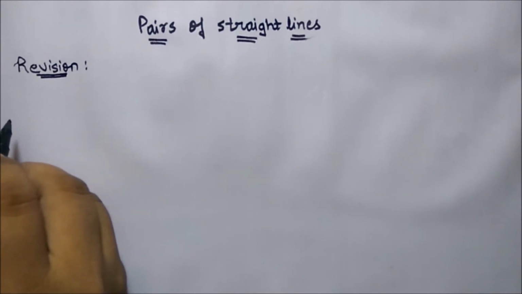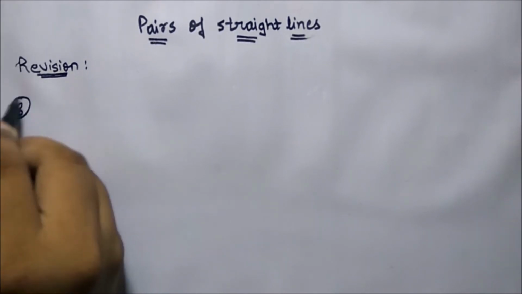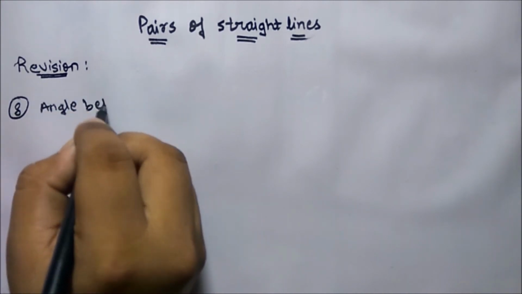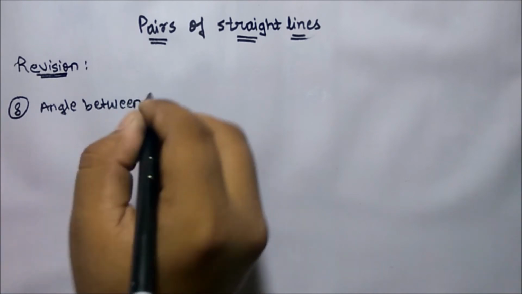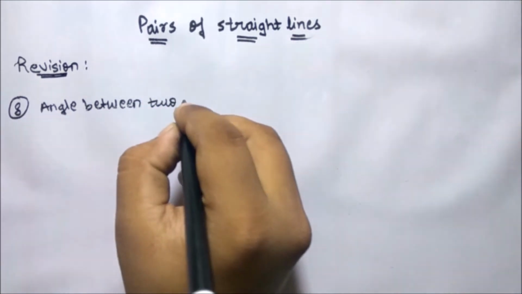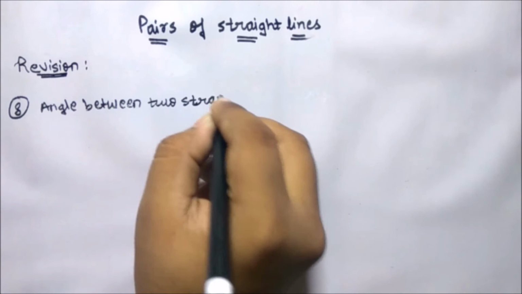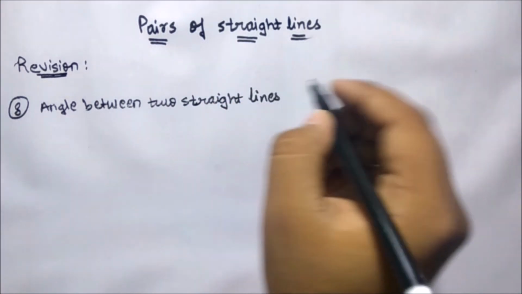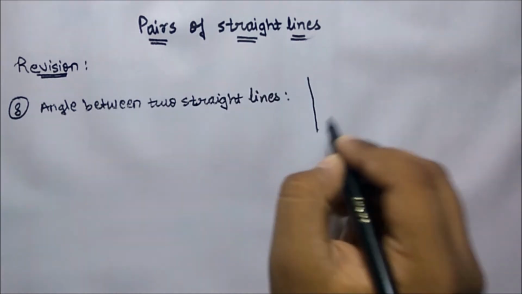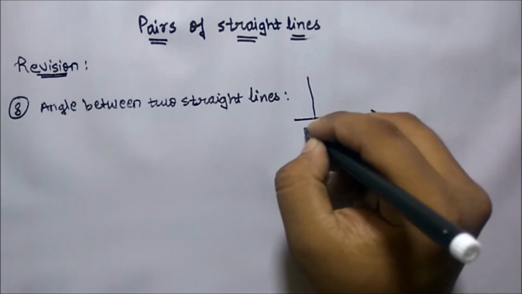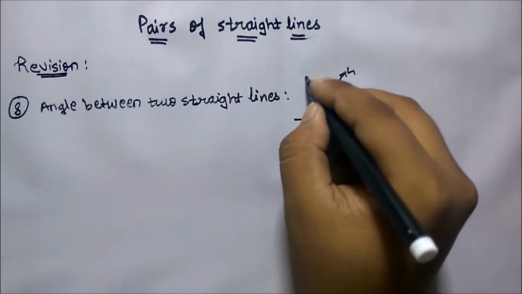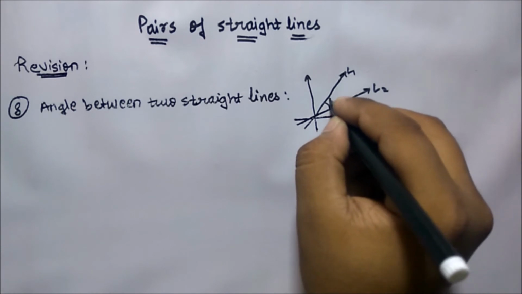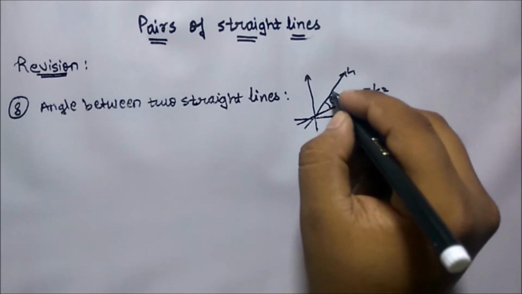Next one is the important concept of lines, that is how to find the angle between two straight lines. Say this is line L1 and this is line L2 and this is angle theta between those two lines.